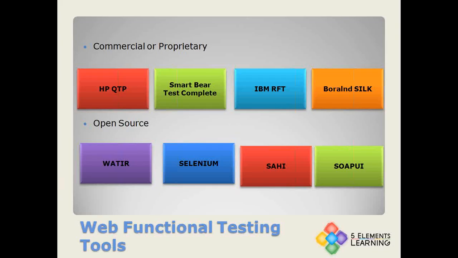Commercial tools are UFT from HP, so QTP is now known as UFT. You have SmartBear TestComplete, RFT from IBM, and Borland Silk. Then in the open source world, you have Watir, Sahi, Selenium, and SoapUI. Out of all these tools, our area of interest is Selenium.